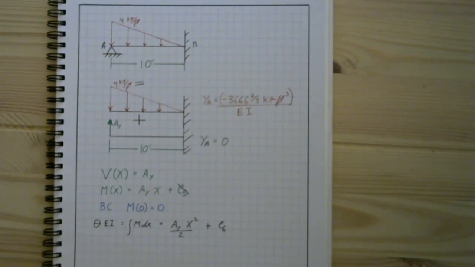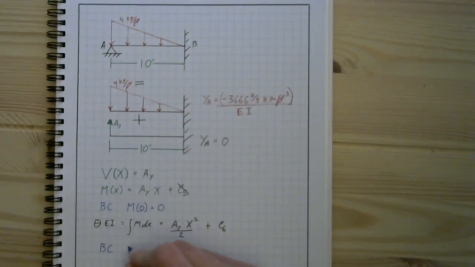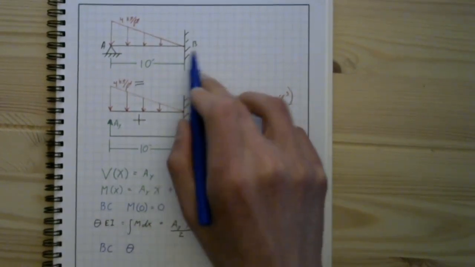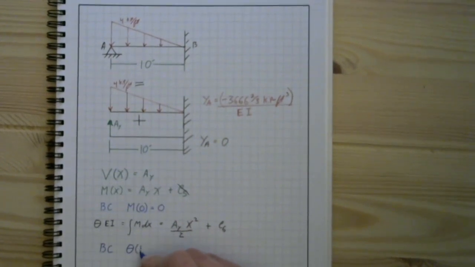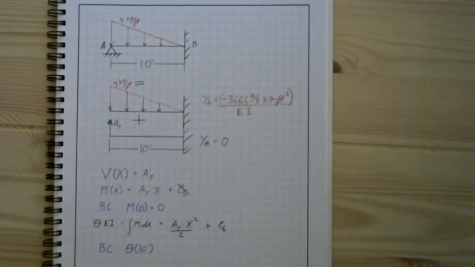Now this one, we do have a boundary condition, but that boundary condition isn't at A. Just like last time, the boundary condition is that at point B, or X equals 10 feet, the rotation has to equal 0. So that means we need to plug 10 into there and find out what C6 is.